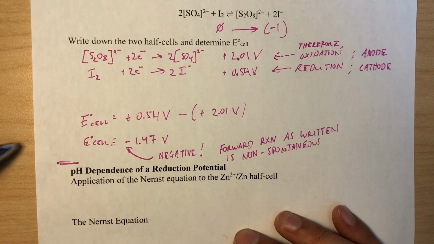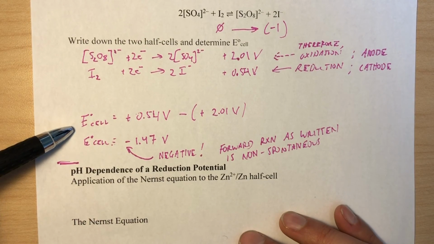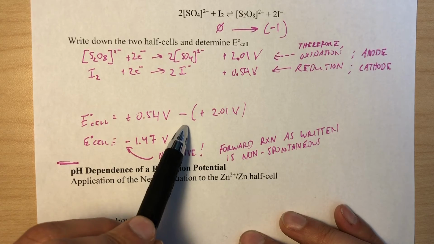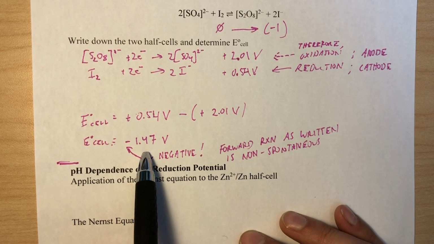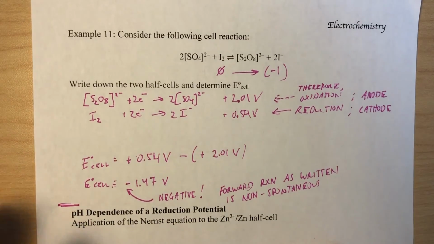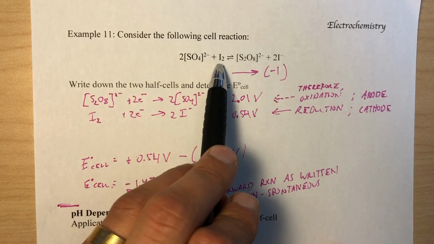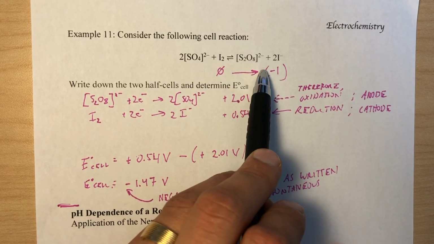So when we write the E cell for this reaction, it's cathode minus anode. So we have 0.54 volts minus 2.01 volts, and we get an E cell that's equal to negative 1.47. So if the question is, if we put sulfate and iodine together, will this forward reaction happen?